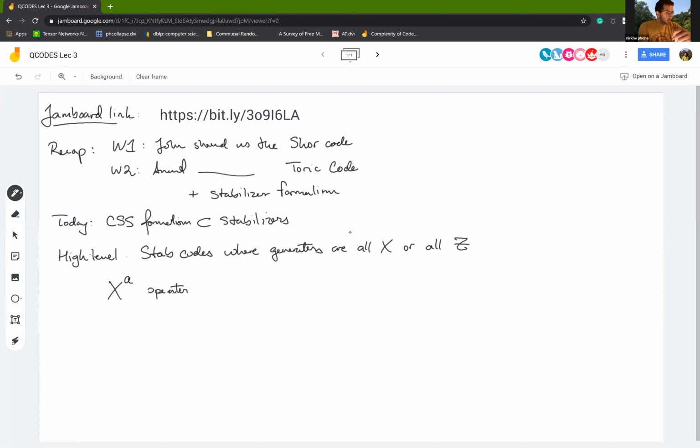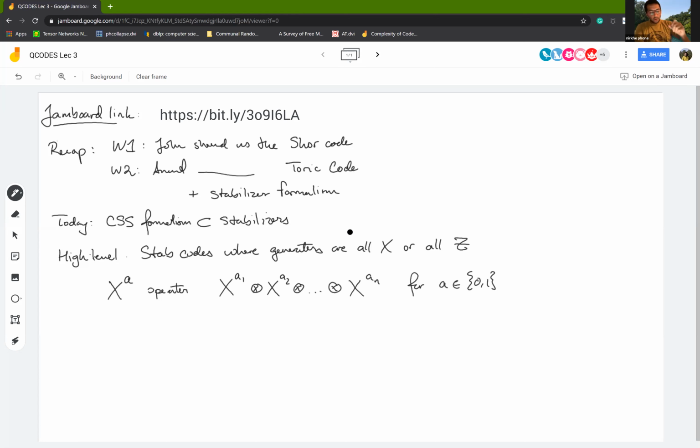And what this means is it's the tensor product of x, where the index of this guy is going to be x to the a1, tensor x to the a2, tensor dot dot dot, tensor x to the an, for a being a vector in {0,1} to the n.